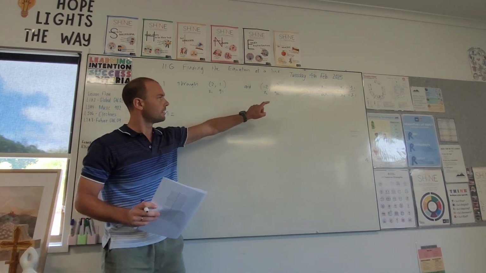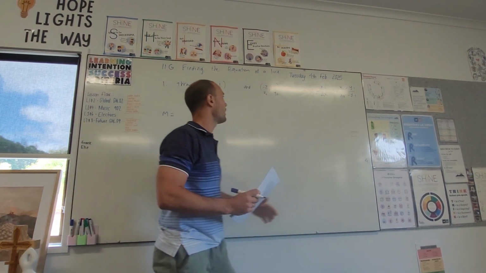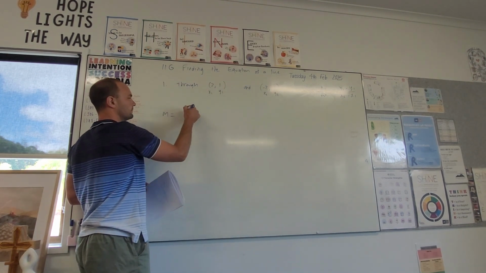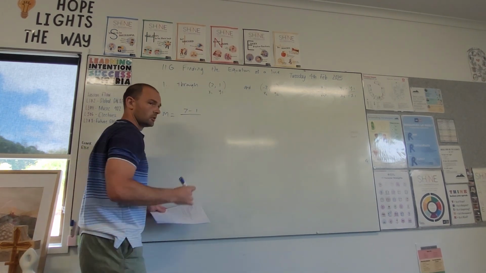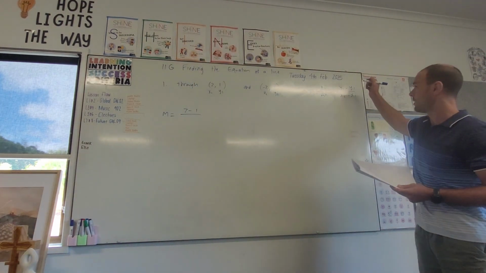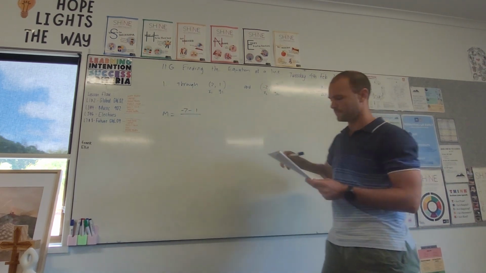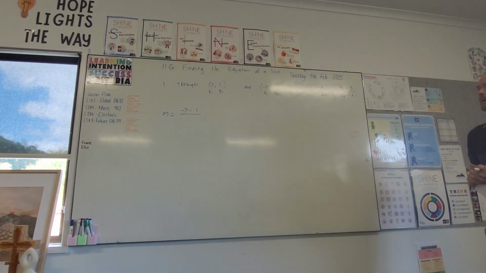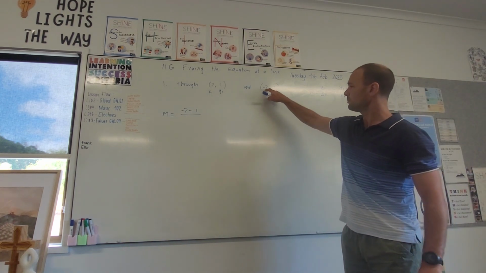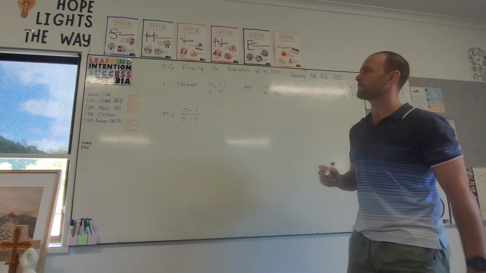So we have m, the slope, is y2 take away y1. So we're going to have 7 take away 1, divided by, now I'm sorry, that says minus 7, doesn't it? So it's going to be minus 7 take away 1, divided by x2, which is minus 2, take away 2.